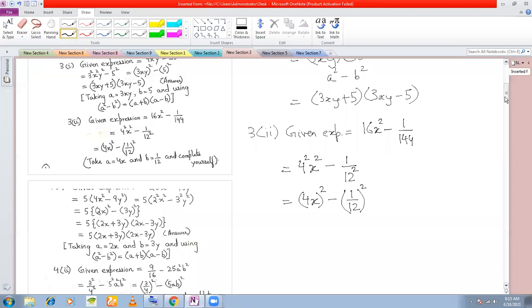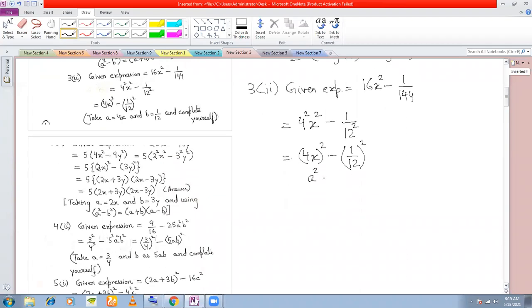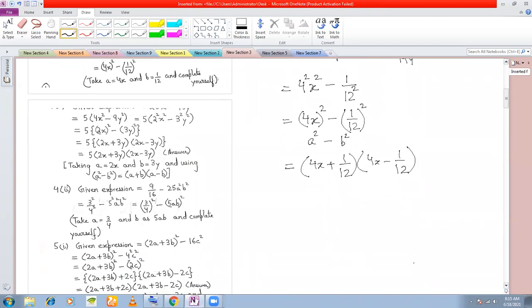Now this is the difference of two squares. You have a square minus b square form, where a is 4x and b is 1 by 12. So you get 4x plus 1 by 12 into 4x minus 1 by 12. Okay, that's it. Moving on to the next one.